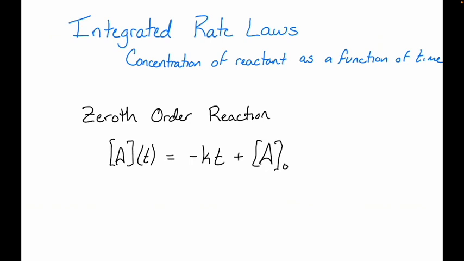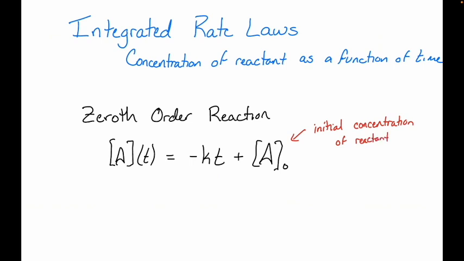Remember how when you integrate in calculus, you always got that plus C at the end, that constant? This actually means that constant's not just a random number, it means something in the context of the reaction. It is the initial concentration of your reactant.